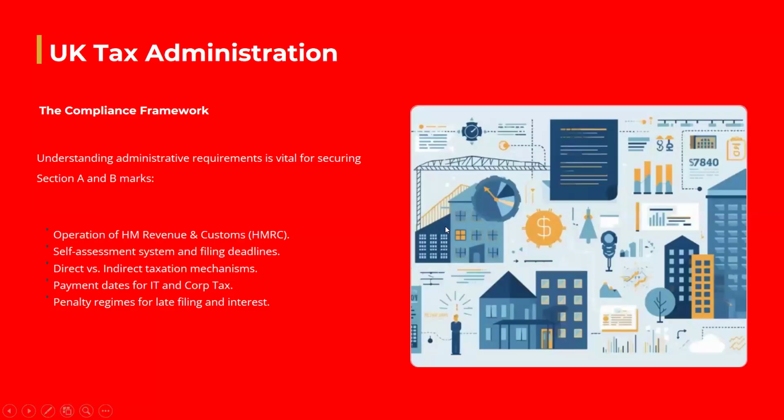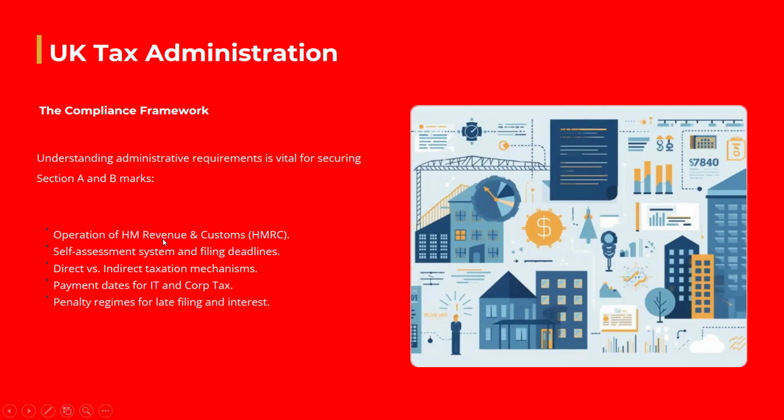Now coming towards the UK compliance framework, because of the laws and the punishments included with it if you break the law. There are very, very high penalties, and reputational loss is also considered a thing, because everything is recorded electronically. So the compliance framework is the operation of HMRC. You should understand that every country has governing taxation bodies.